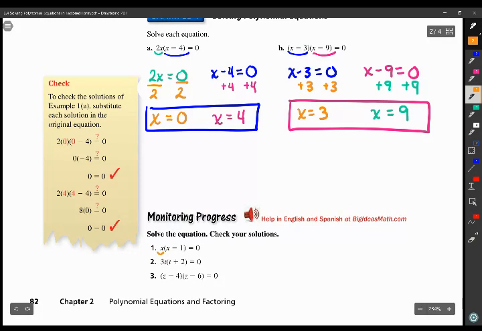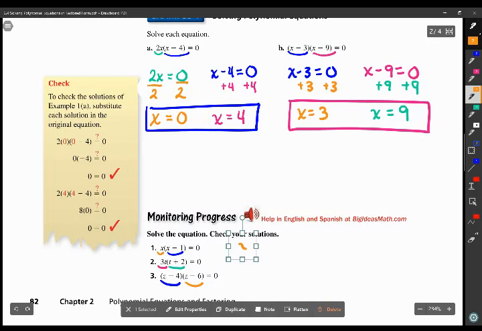So one factor is x, the other factor is x minus 1. One factor is 3t, my other factor is t plus 2. And then I have z minus 4 as a factor, and I have z minus 6 as a factor. And we're just going to set those equal to 0 and solve each time.